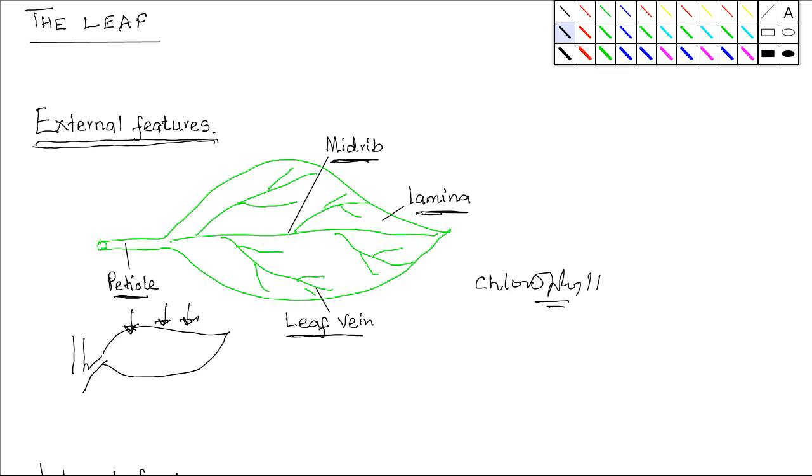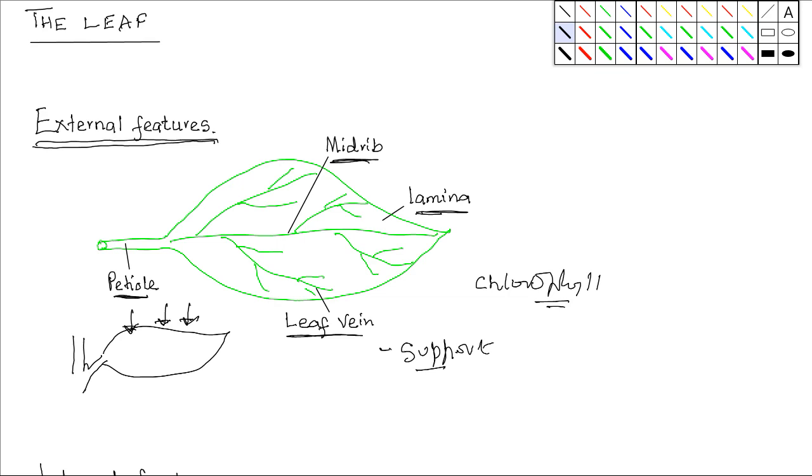But in this particular case, you have the midrib and the veins. These provide support so that the leaf is exposed to maximum light absorption.